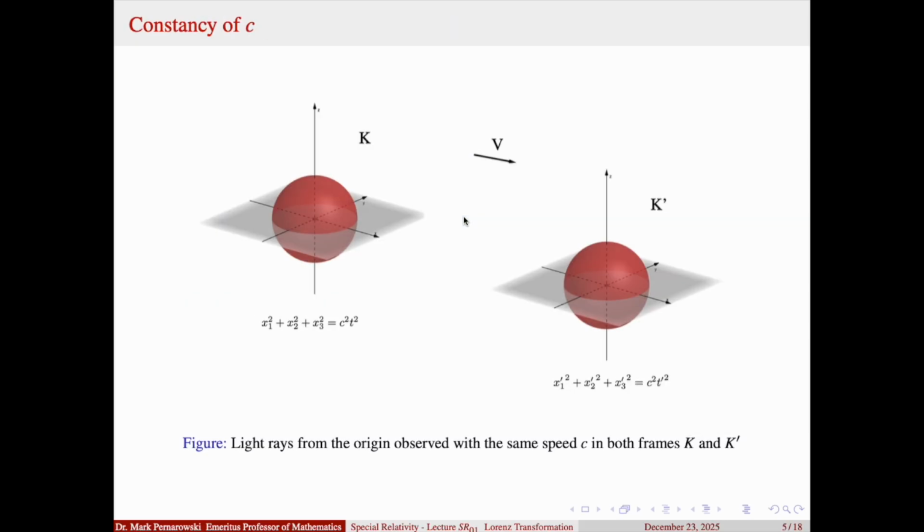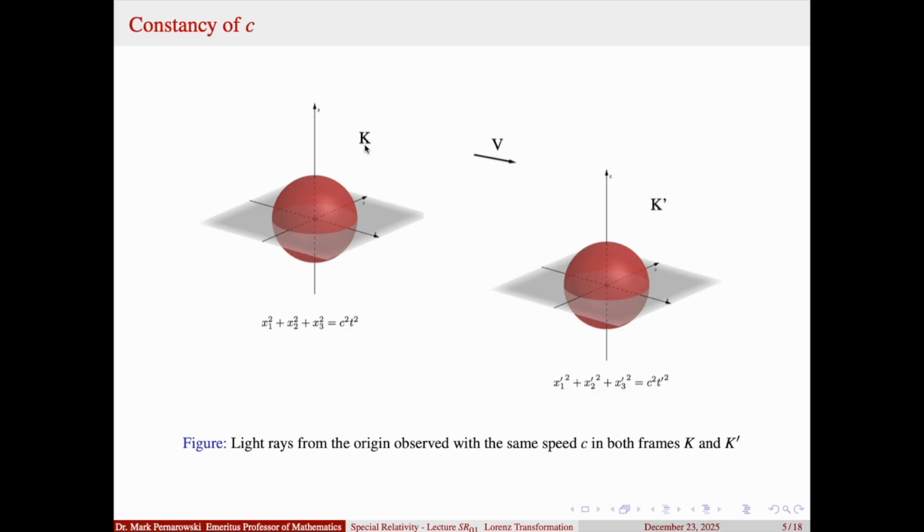How is that done? Well, this picture represents the following scenario. You have frames K and K prime, and at time t equals 0, these two frames coincide with one another. In particular, you could imagine that the sphere on the right is coinciding with the sphere on the left, and then as time progresses, these frames move apart.